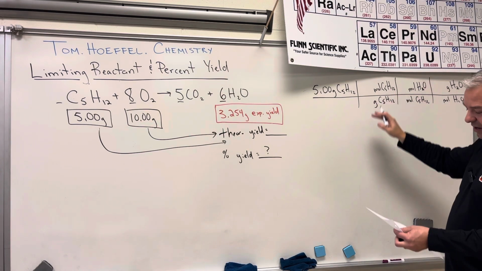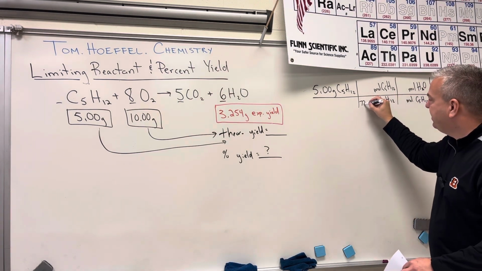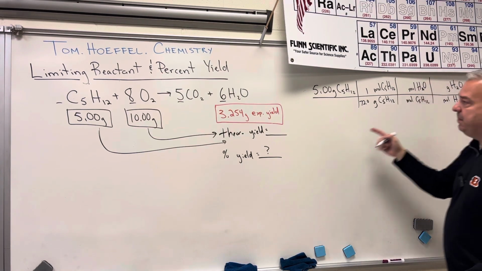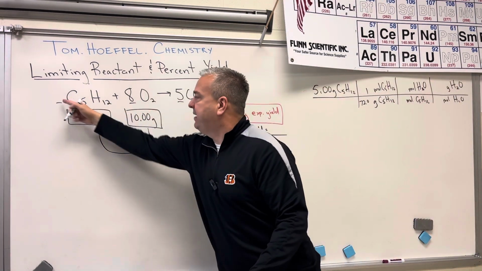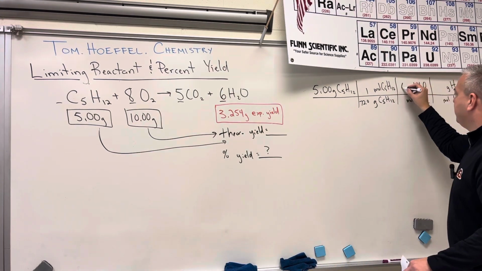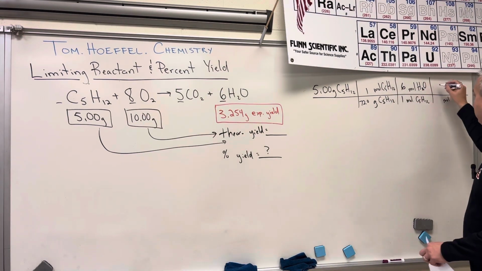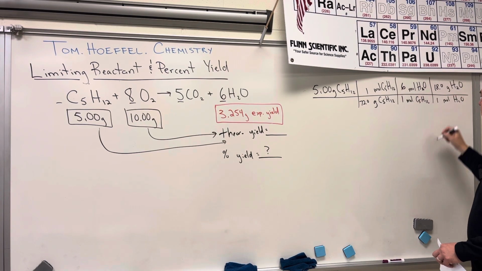The molar mass of pentane is going to be 72 grams per mole. The mole ratio between water and pentane, water is a 6, pentane's a 1, so that's going to be a 6-to-1 ratio, and the molar mass of the water is going to be 18 grams per mole.